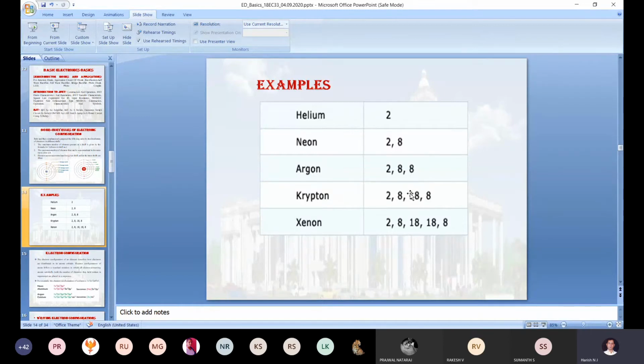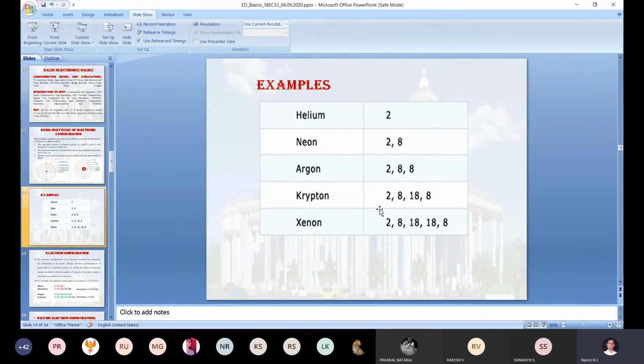In this situation, I can't write it as 18, because as per the second rule of Bohr and Bury, the outermost layer can consist of a maximum of only 8 electrons, not more than that.